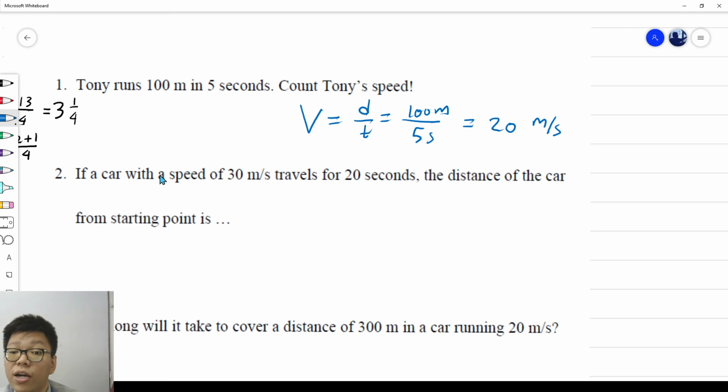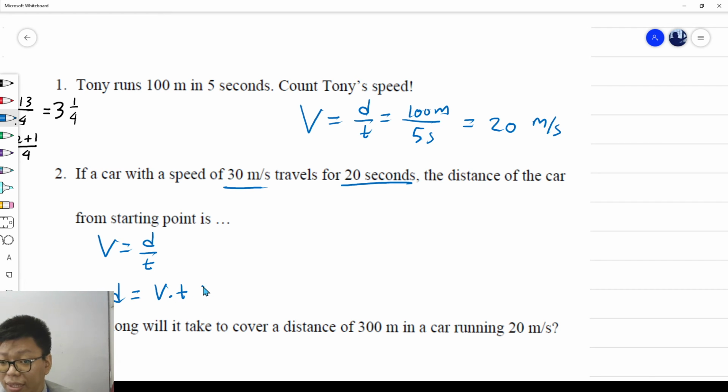Number 2, if a car has a speed and you have the time, what it asks is the distance. The formula is speed equals distance over time, or you can make distance equal to speed times time. So it will be 30 times 20. And yeah, the result will be 600 meters.